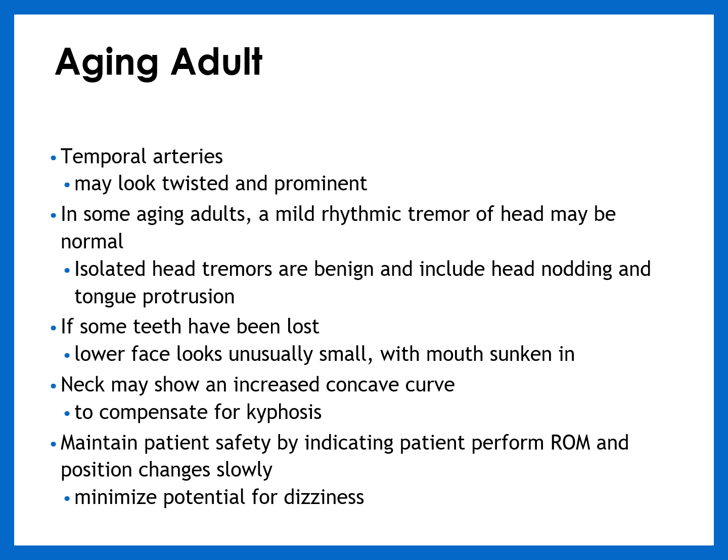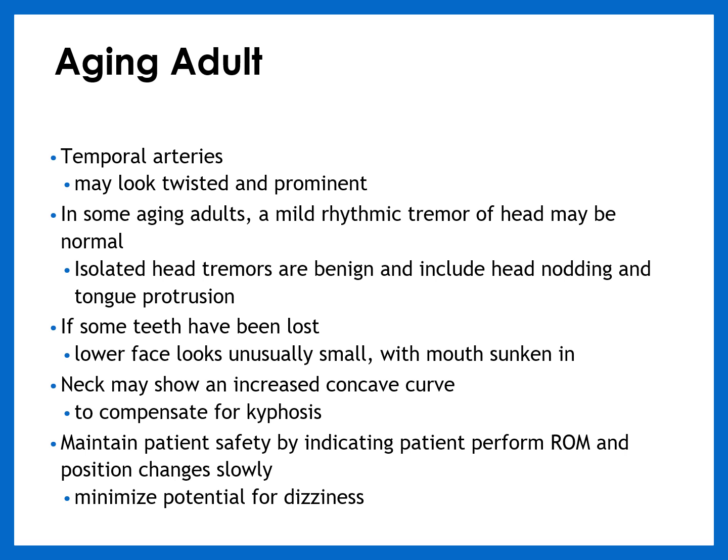In older adults, temporal arteries may become more prominent and twisted. A mild rhythmic tremor of the head may also occur. This can be benign or it may include a tongue protrusion. Tooth loss can cause the lower face to appear small and sunken. Also, the neck may curve more to compensate for spinal changes like kyphosis.